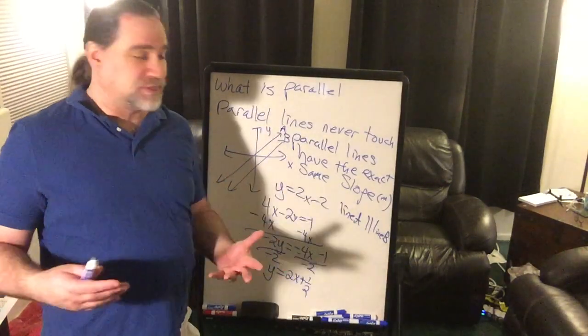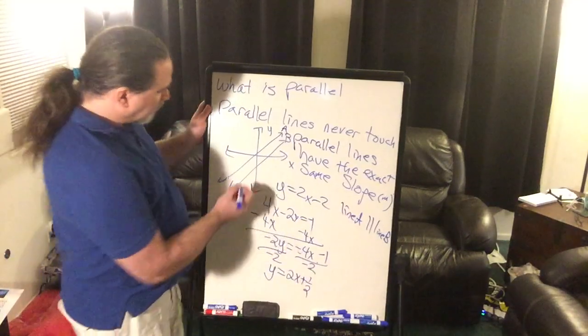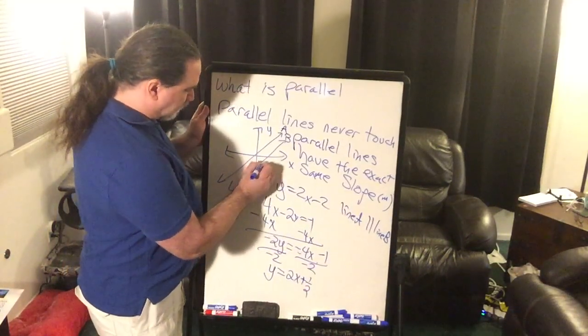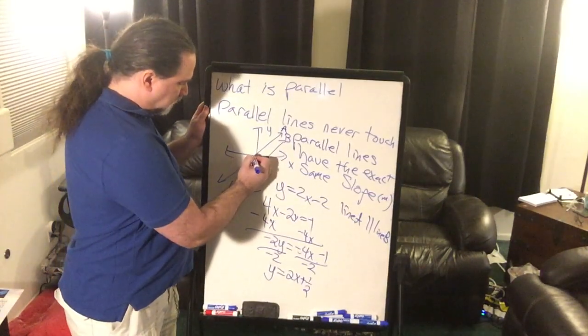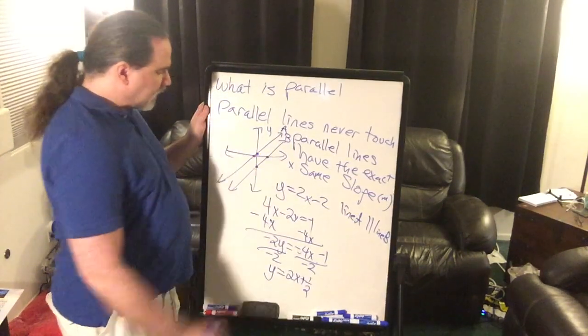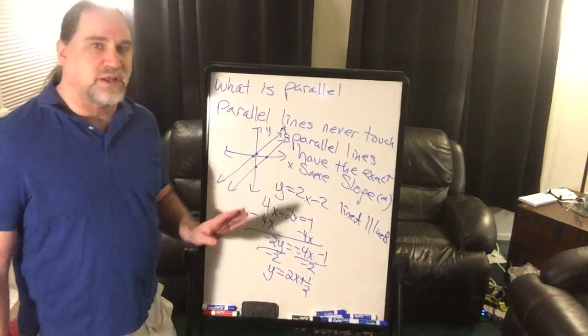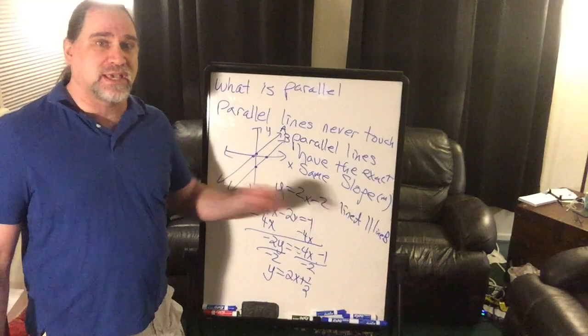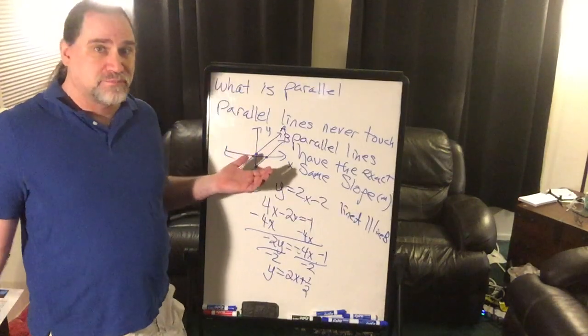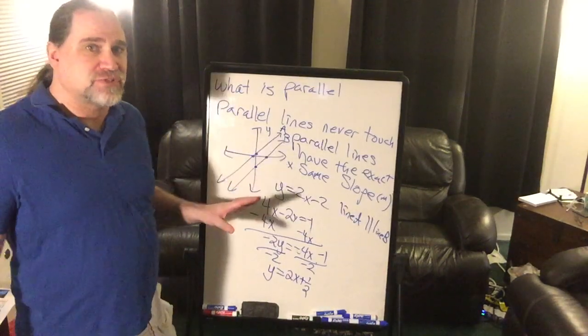Even if I just knew this point and this one, if I could count the rise and the run for each of these two lines, that would give me the slope, and then I could tell if they're the same.